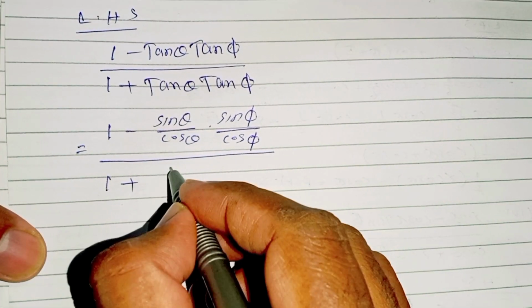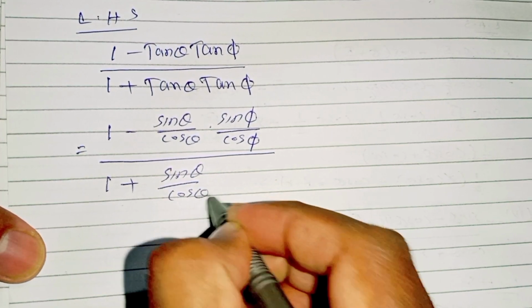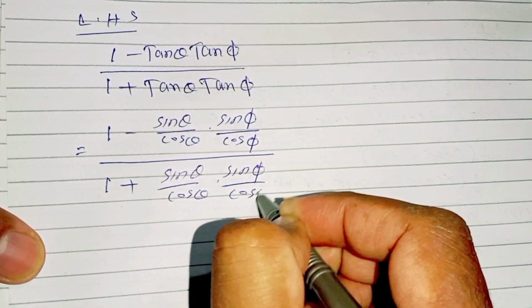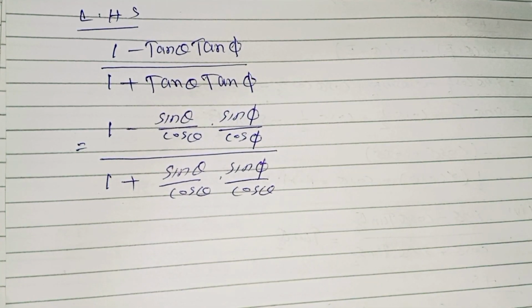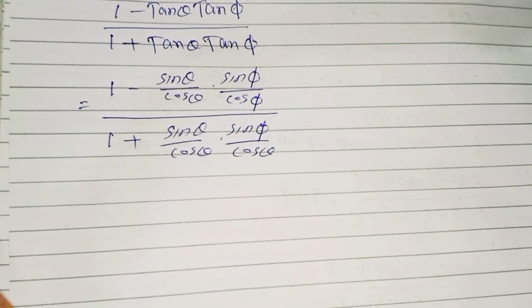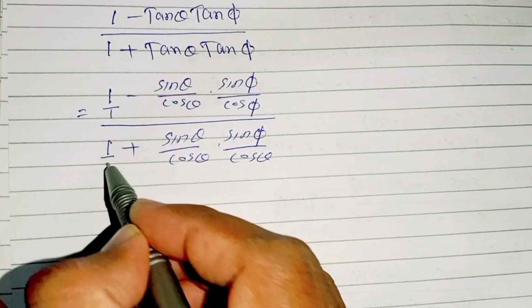1 plus sin theta over cos theta and sin phi over cos phi. We know that tan theta is equal to sin theta over cos theta. Therefore, tan phi will become sin phi over cos phi. The denominator of 1 is 1.